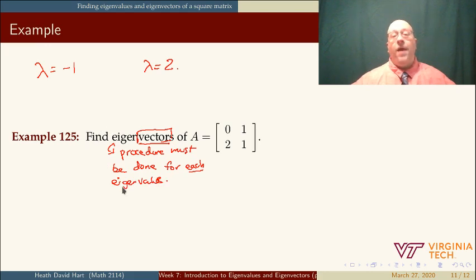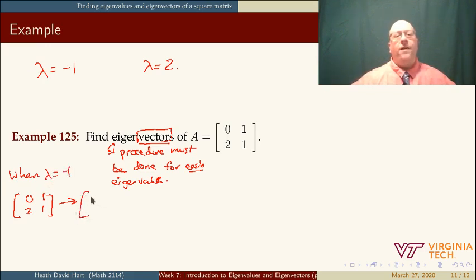So unfortunately, we have to do this process twice. First thing I'm going to do is subtract the eigenvalue from the diagonal. So we'll do lambda equals -1 first.